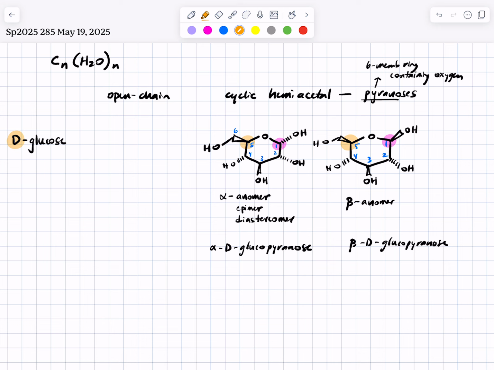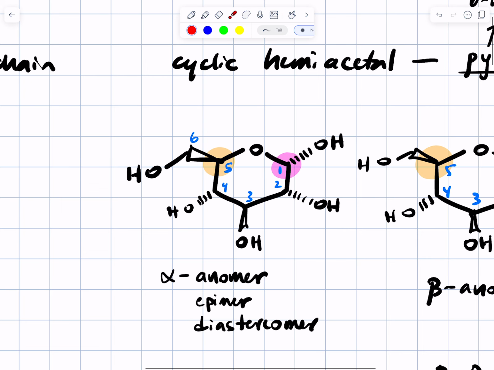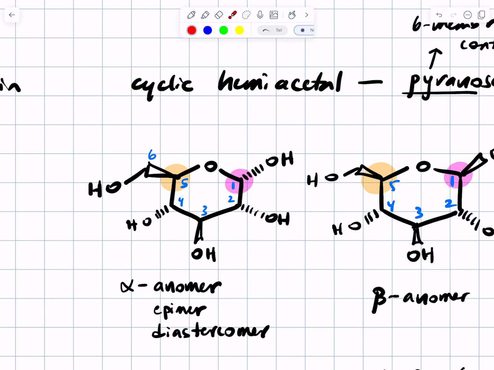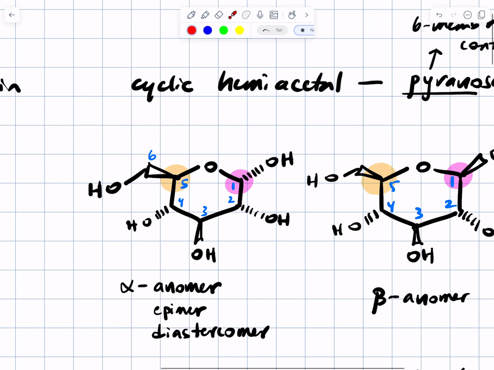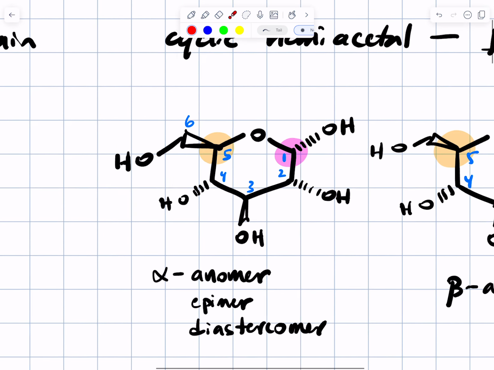Some of that has persisted, but for our purposes, the identity D will refer to the stereochemistry of carbon 5, the last stereocenter in glucose. Of course, carbon 6, is that a stereocenter? No. Okay. So the last stereocenter in glucose, carbon 5, when we draw glucose this way and it's a wedge, that's D stereochemistry.